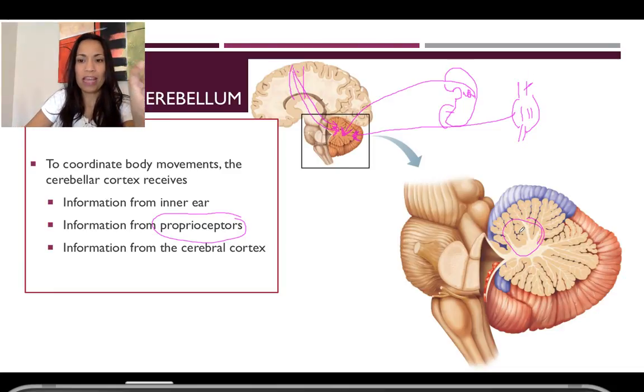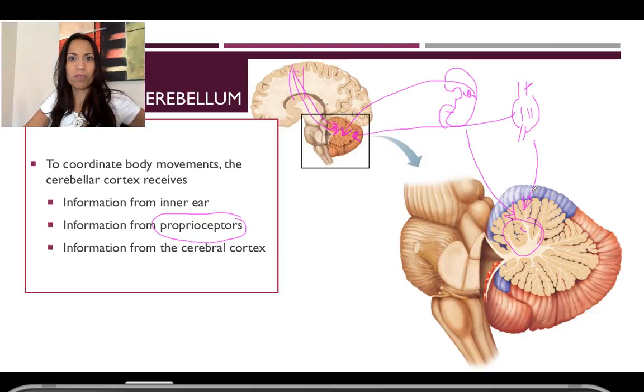assesses that information and compares it with the information being received from the inner ear and from the muscles, and says, let's say the cerebrum wants to contract the abductor muscles and flexors of the arm. But if he does that, well, let's see, the head at this moment is turning to the right. He's moving his head, and the position of the body, and maybe he's sitting down and has a wall behind him.